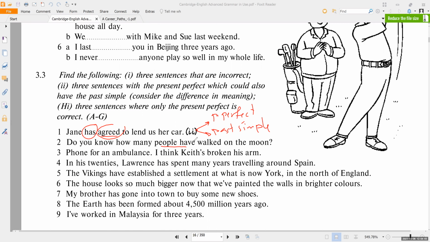We don't say have walked, we say walked. Why walked? Because something happened and finished. Number 3, phone for an ambulance, I think Kenneth's broken. Kenneth's means has broken his arm. We don't say Kenneth has broken, we say broke.